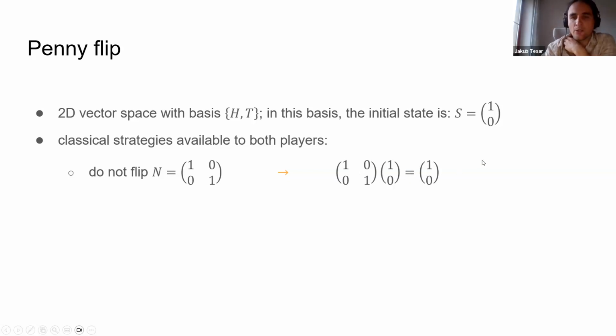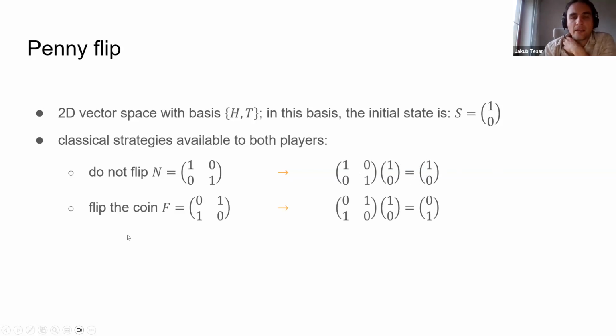Not surprising, we are not flipping the coin. And if we decide to flip the coin, then we may use this matrix, which just like if there is a 1 up, it will go down, and if the 1 is down, it will go up. So it will just flip the coin as we want.